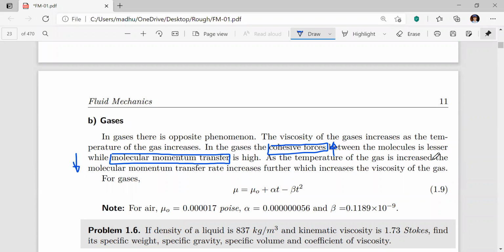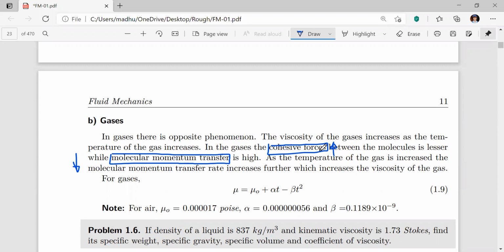Cohesive forces increasing means you have better bonding between molecules of the gases, and molecular momentum transfer decreasing means you cannot observe free molecular momentum transfer. So molecules will have some resistance to their motion in the gas.